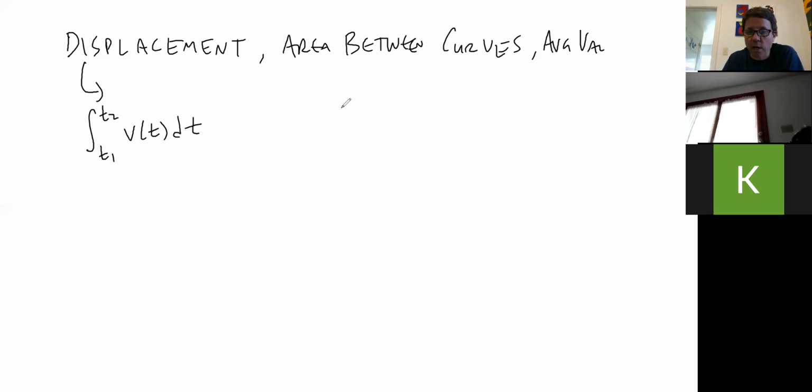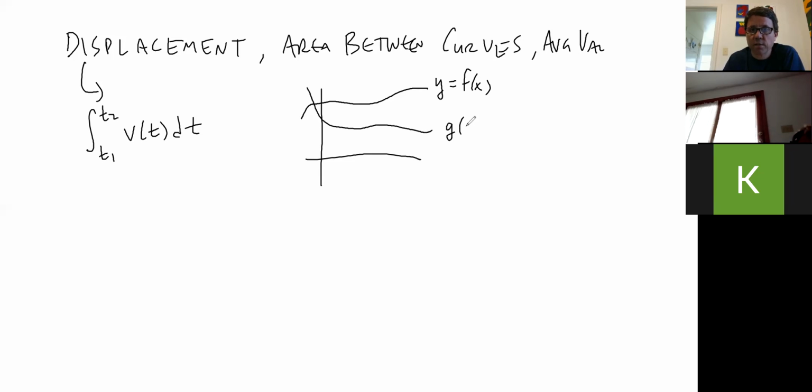Area between curves is if you were to draw 2 curves. I don't know what they look like, but we'll do some examples. If I draw one curve, which is f of x, and I draw another curve, y equals g of x, and I want to know what the area between these 2 things is, it's the same sort of idea.